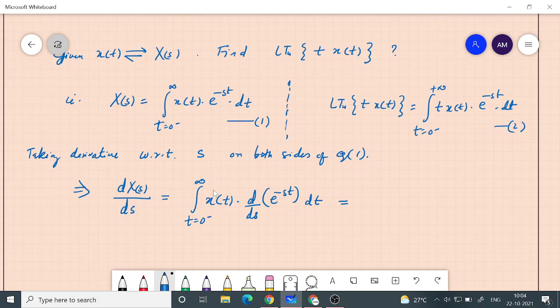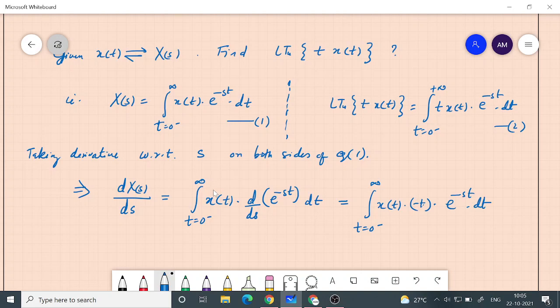As a function of s, the coefficient is minus t, so that will come out. So the integral, t going from 0 minus to plus infinity, of x of t into minus t into e raised to minus st dt.